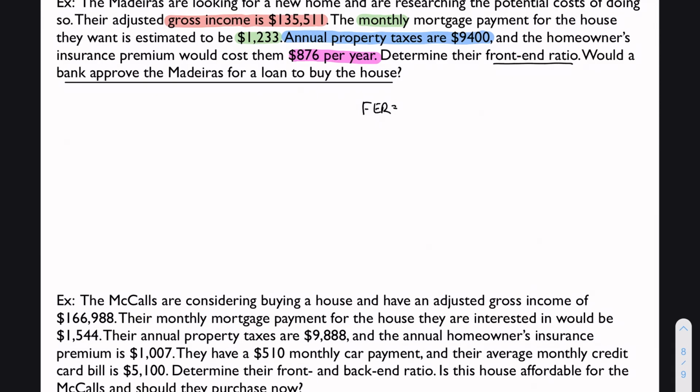So I want to know my total monthly housing expenses, looking at that relative to my monthly gross income.